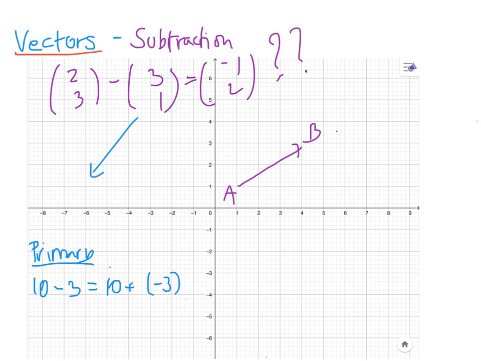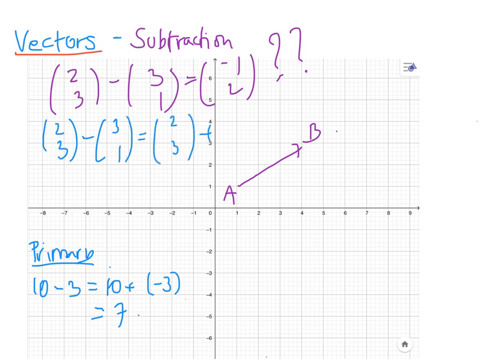When we learn integers in primary 4, we can change the format a little bit, because minus is the same as plus a negative, so we get 7. The same is true in the case of this. So when we say (2, 3) minus (3, 1), it's actually the same as (2, 3) plus the negative (3, 1), which is (-3, -1).